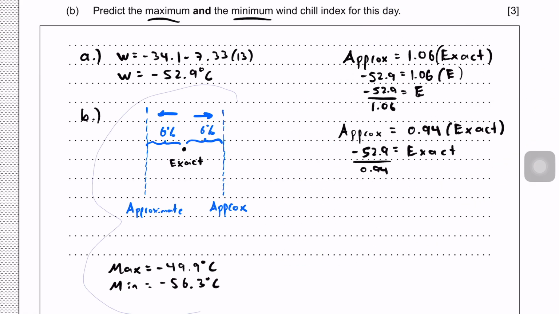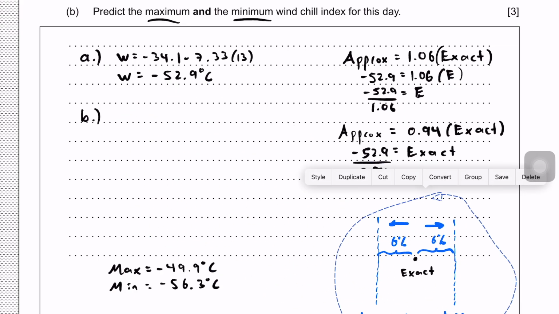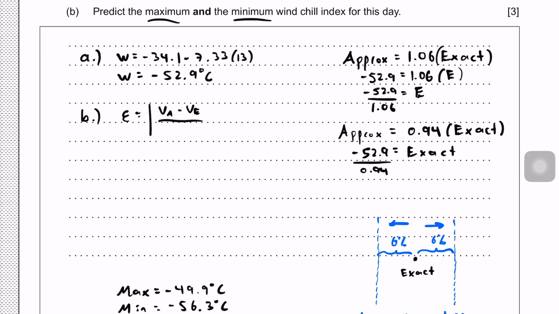All right, just want to show one other method, if you wanted to look at something a little more using formulas. So I'm going to write it out here and make some space. Okay, so we also have the percentage error. Remember, percentage error given by this epsilon is approximate minus exact over exact, and then it's also times 100%.